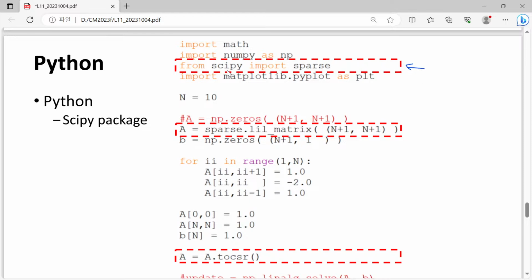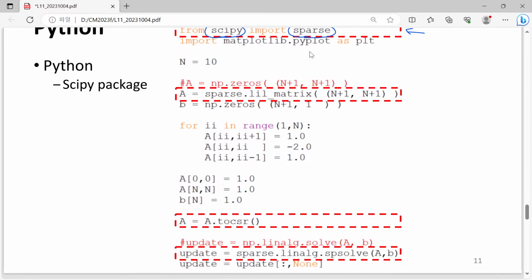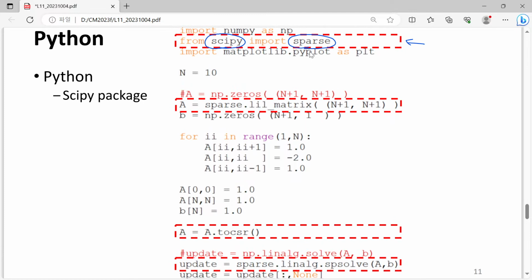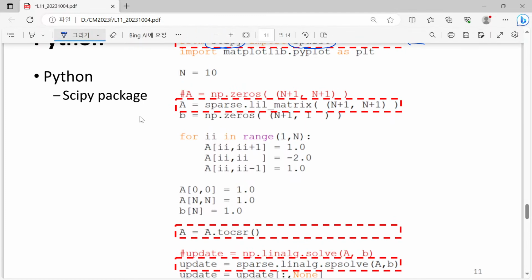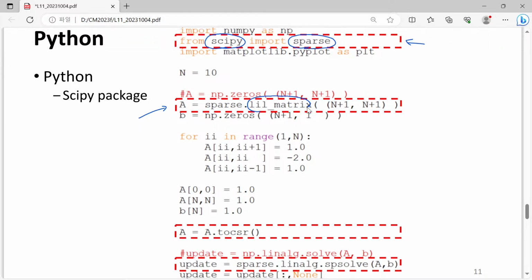So for that purpose, you have to install the SciPy package, and inside it you have the sparse routine, so you can build a matrix with its LIL matrix format. What is the LIL? List in list.